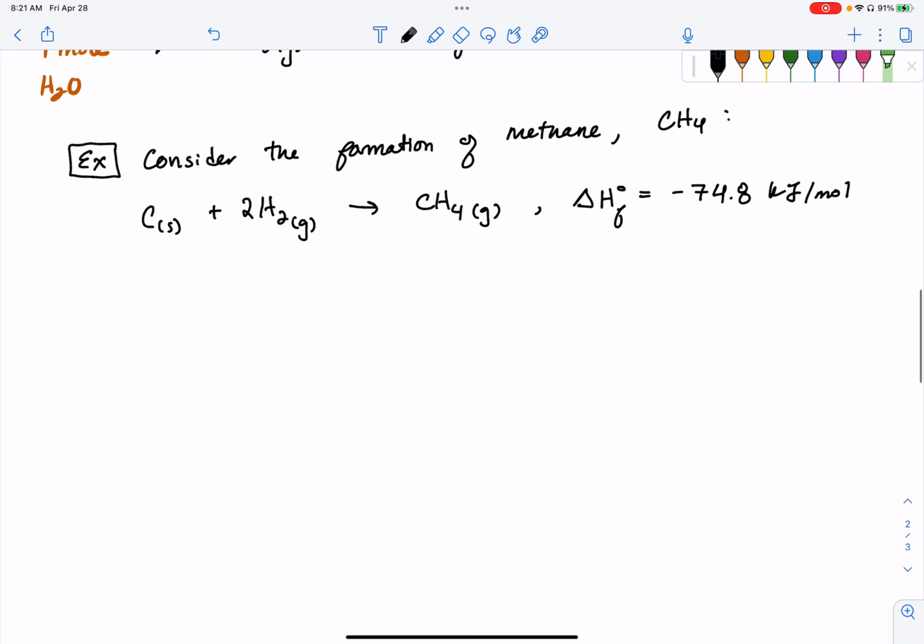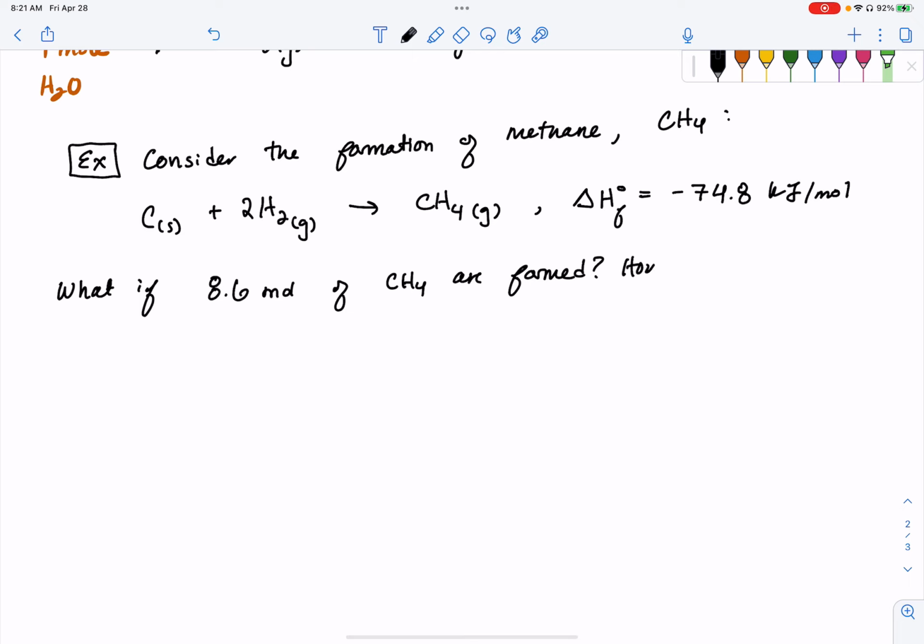Now, why is this useful? What if 8.6 moles of methane are formed? How much heat is made as a result?